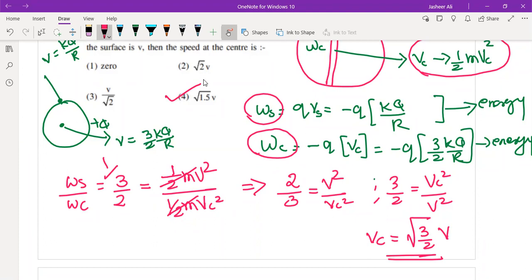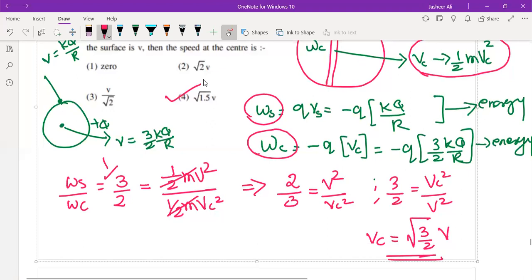Okay, so this is actually a question connecting our normal kinetic energy equation with the electrical energy equation. Electrical energy is the electrical work done, that is equal to Q into the voltage. So Q into voltage is the work done.